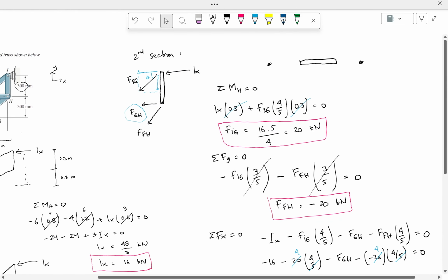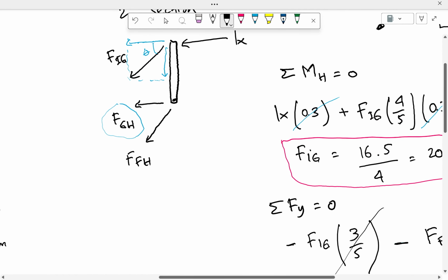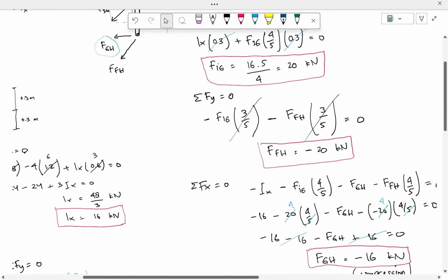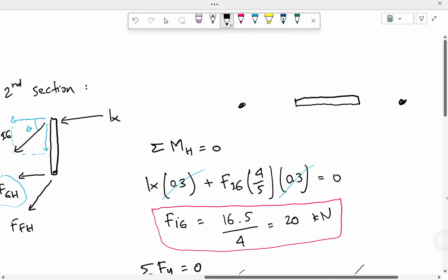So FGH is, by initial assumption, put to the left, but then the result is negative, so it should be to the right, or with respect to the member it's to the left.